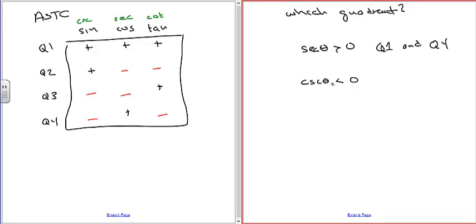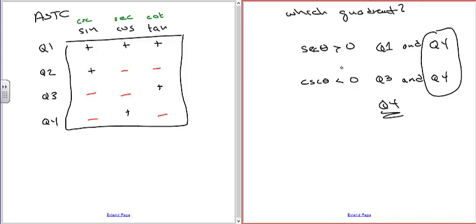And the cosecant, which has the same sign as the sine, is less than 0 in the third and fourth quadrants. So same answer as the previous one, for different reasons. The answer is Q4. These both are true in the fourth quadrant.